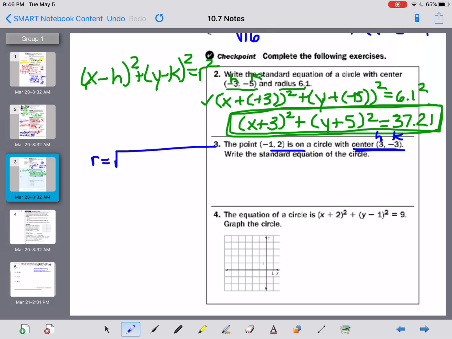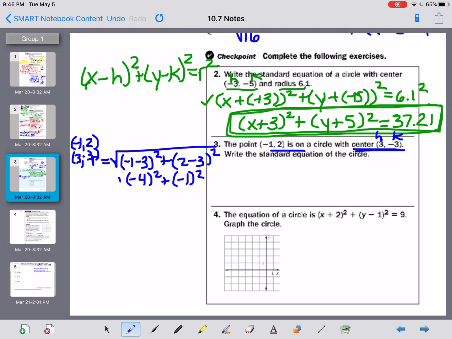A point on the circle is (-1, 2), and when you take that point to the center of (3, -3), we get a radius. So I'm going to find the distance between those 2 points, subtract those x's, -1 minus 3 squared. Subtract those y's, 2 minus 3 squared. -1 minus 3 becomes -4. 2 minus 3 becomes -1.